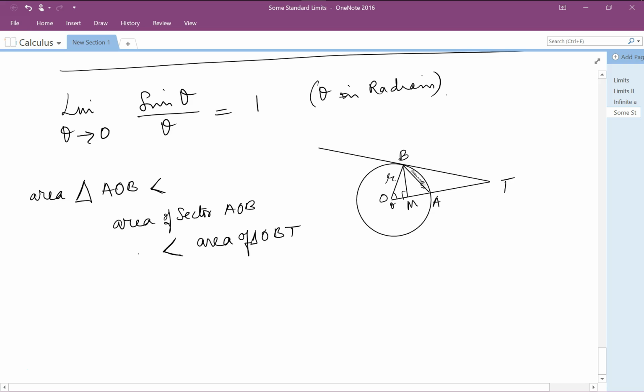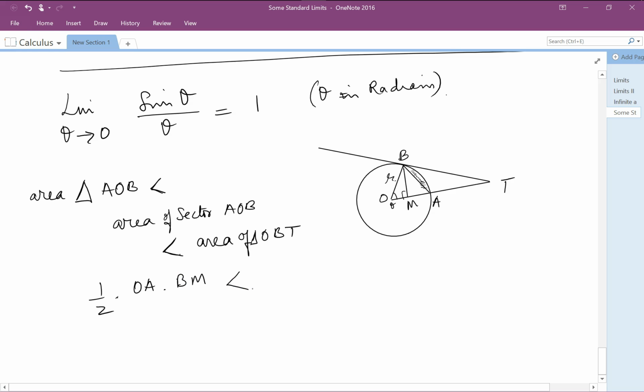The formula for the area of a triangle is half into base into height. So half, now the base of AOB is OA, times BM as the height.